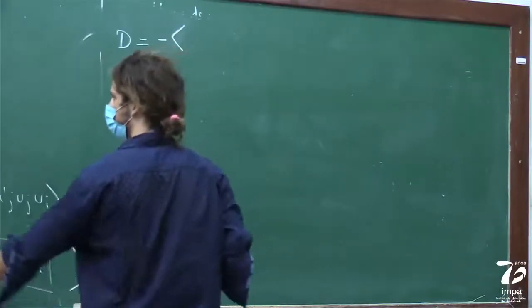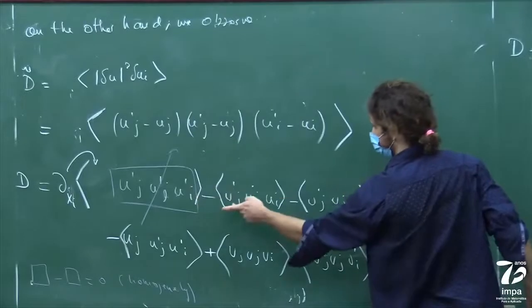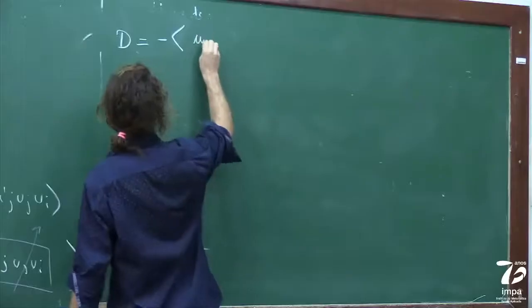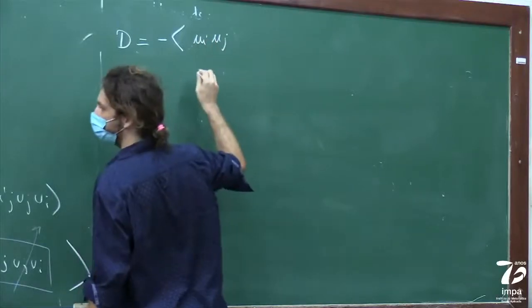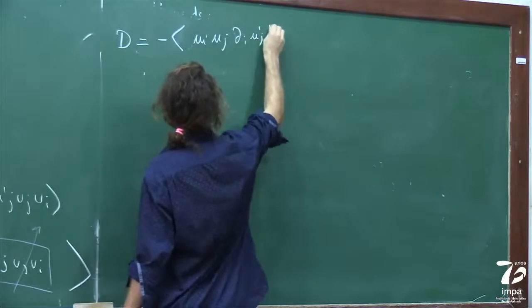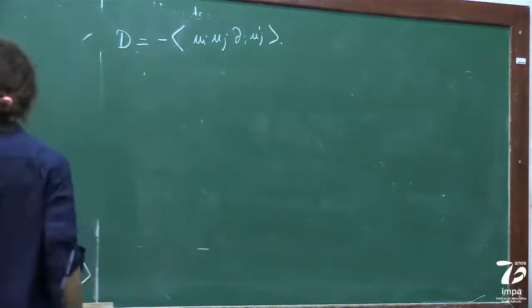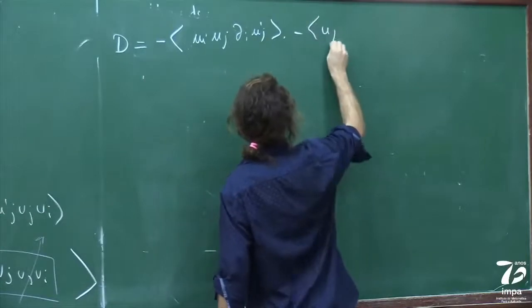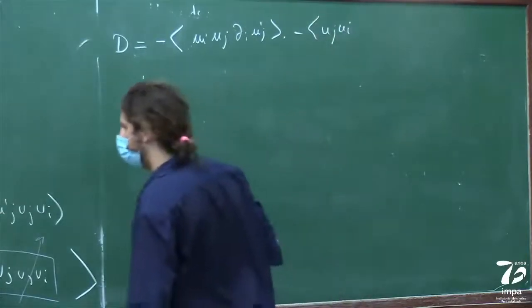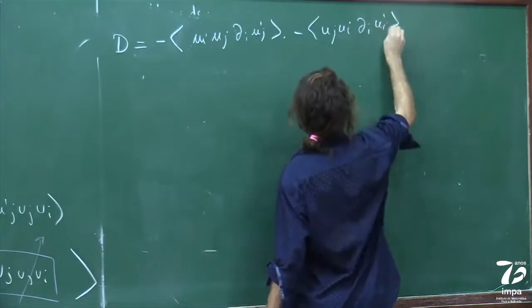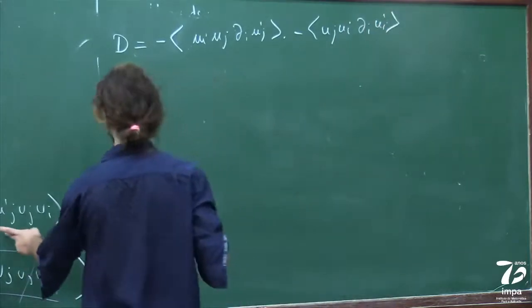The first one, I put the derivative and it applies to this guy here. So it's ui uj di of u prime j. This one will apply to this guy, minus uj ui di of u prime i.